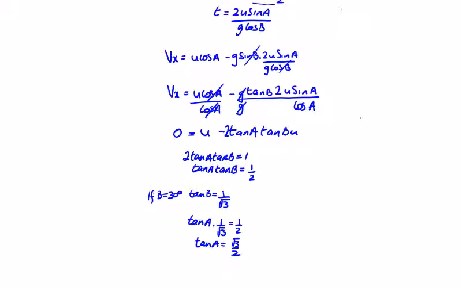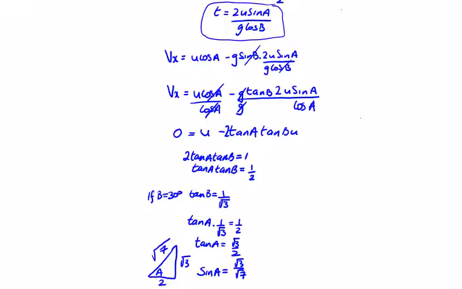The time of flight, we need sine a and we need cos b. Well, let's get sine a here. tan of a is opposite over adjacent, so the hypotenuse is the square root of 4 plus 3, which is the square root of 7. So the sine of a is equal to opposite over hypotenuse, root 3 over root 7.